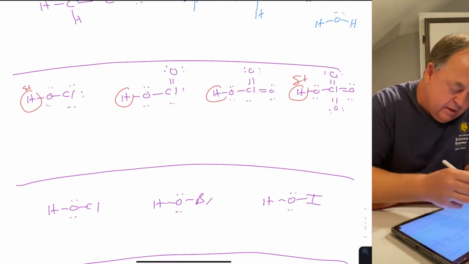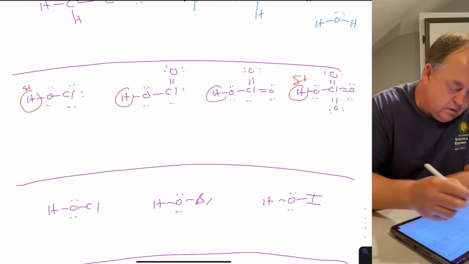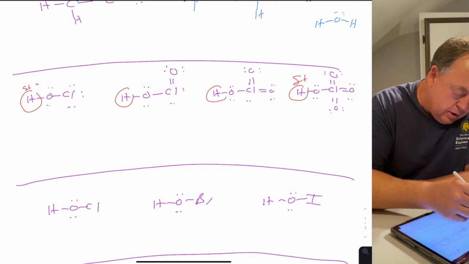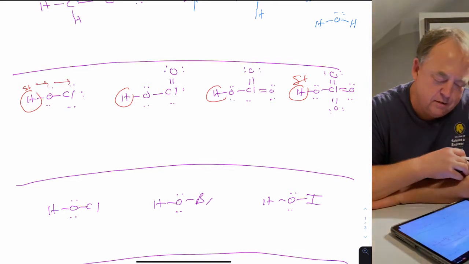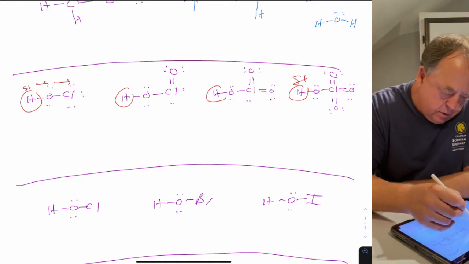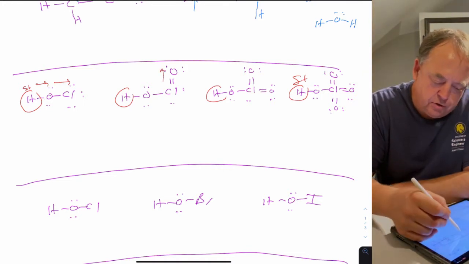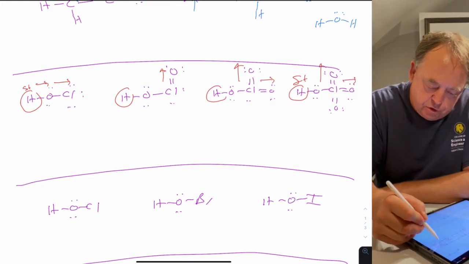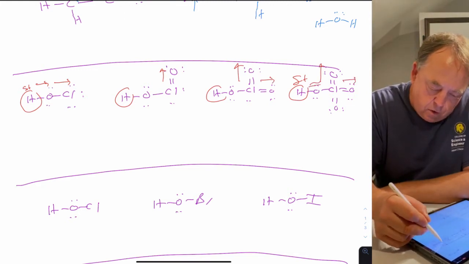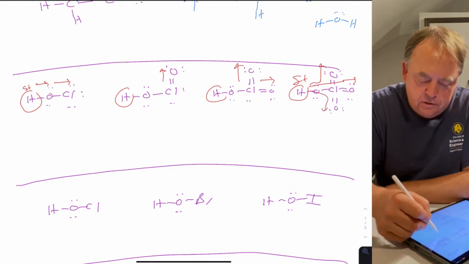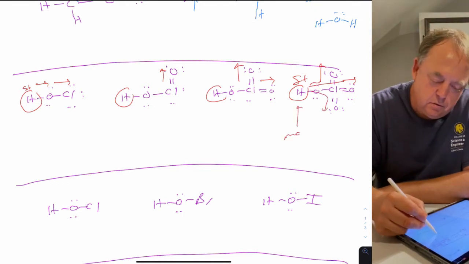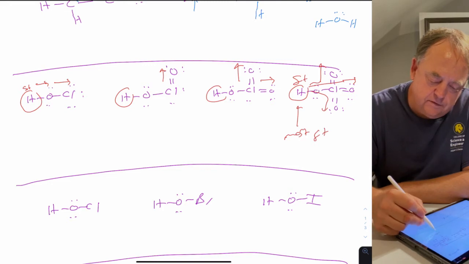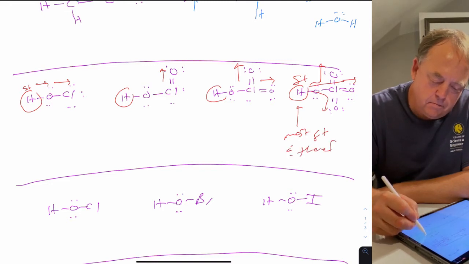Because oxygen is electronegative, so it's pulling electron density off of the hydrogen, and chlorine's electronegative, it's pulling electron density as well. So here you have an extra oxygen pulling electron density. Here you have 2 extra oxygens. Here you have 3 extra oxygens that are all pulling electron density off of hydrogen, so that's going to be the most partial positive and therefore most acidic.